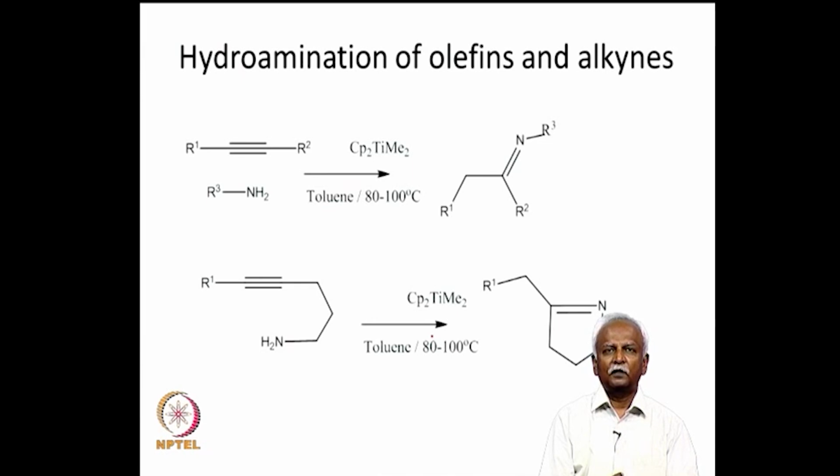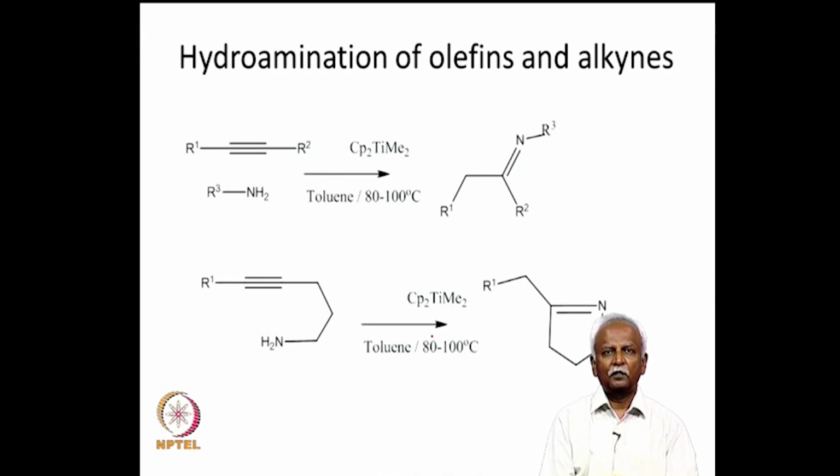It turns out that these reactions are reactions where the mechanism is not necessarily the same as what we had proposed in the previous case, which means it is not similar to the oxidative addition and migratory insertion followed by reductive elimination, but a variety of other mechanisms are possible.